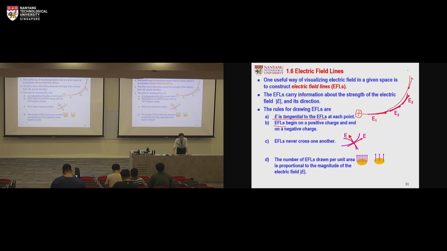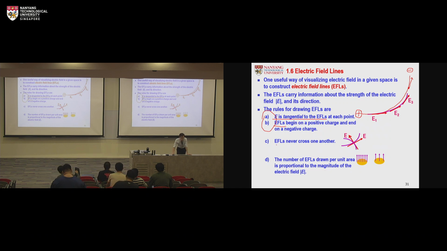And on the other end, you should have a negative charge. So this is the meaning of electrical field line always beginning on a positive charge and ending on a negative charge. So actually, it is based on these 2 points together that you can define the direction of electrical field E at any point.